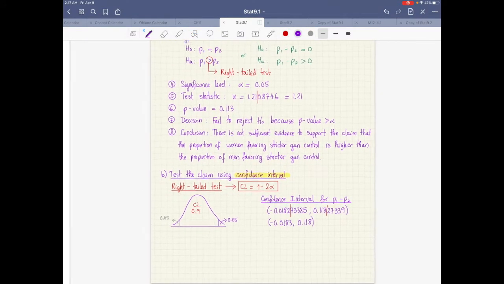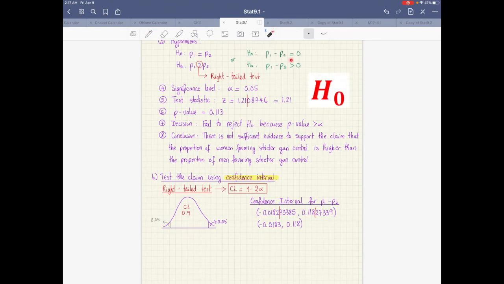To make my decision, I need to look at my HA. HO says P1 minus P2 equals 0. And this interval is the interval for P1 minus P2. I am about 90% confident that P1 minus P2 should be in between these two numbers, which is from negative to positive, which means 0 is in between.